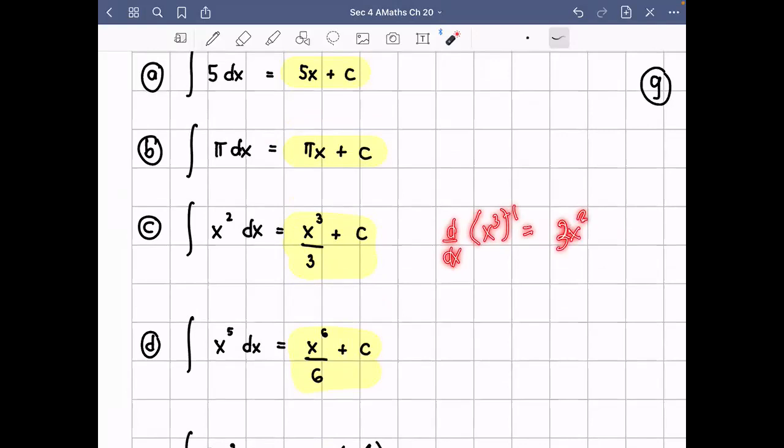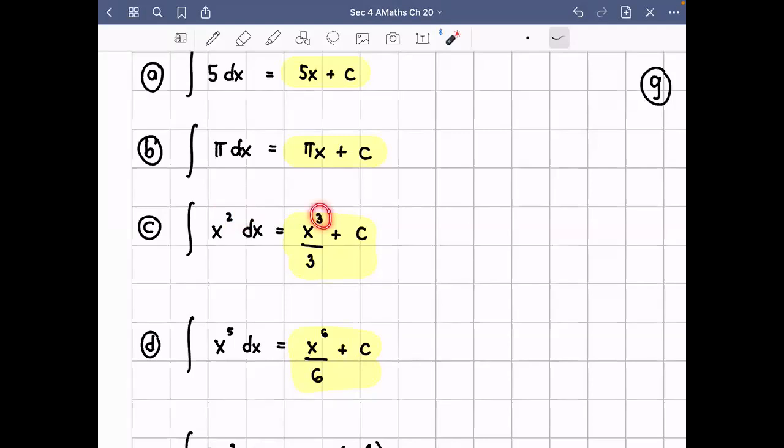But this is integration, so it is the reverse of that. Instead of subtracting 1, we add 1 to the index, so that's why this becomes 3.